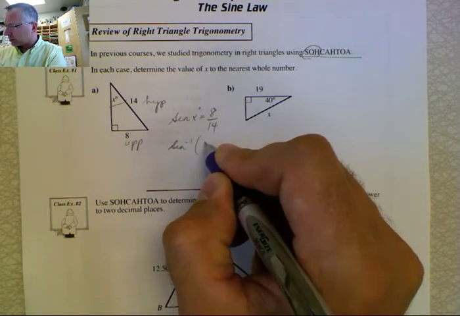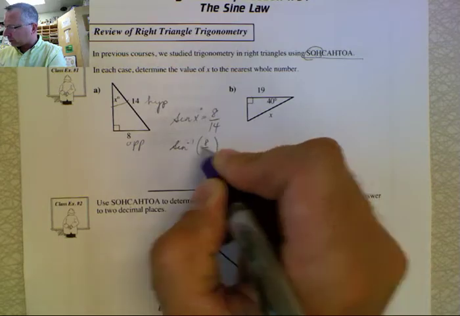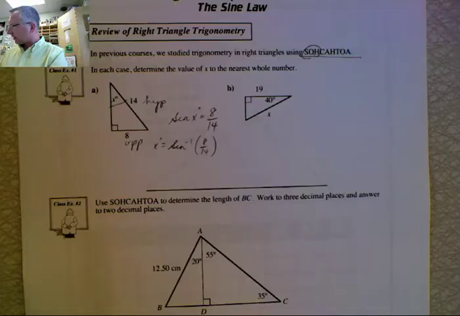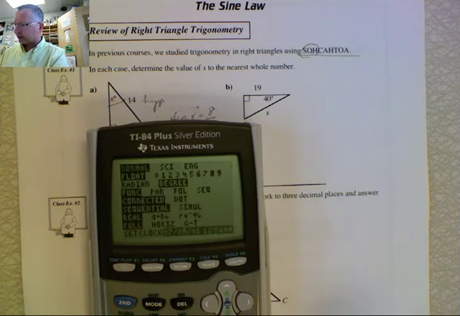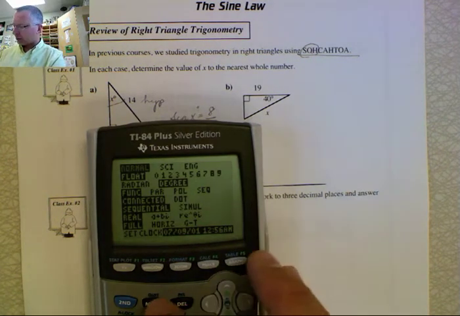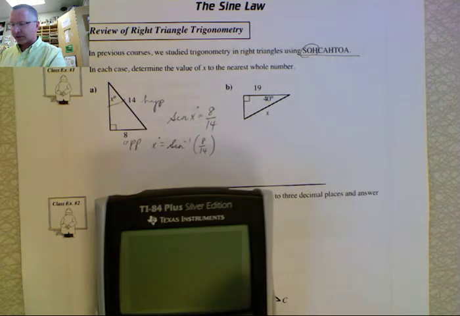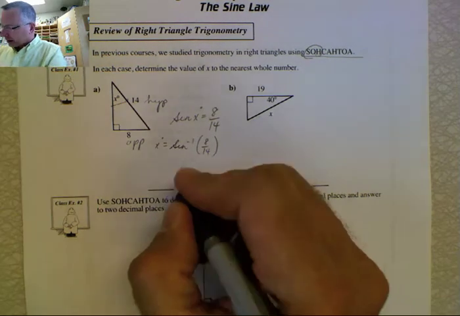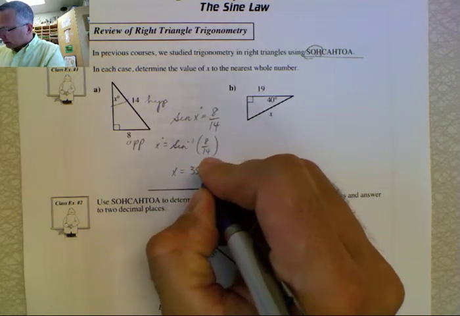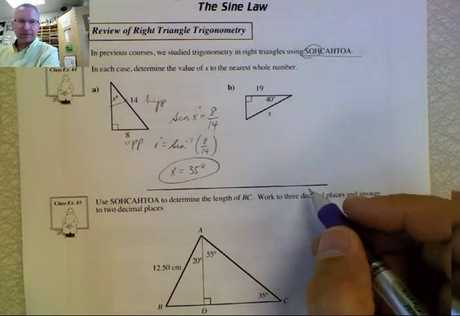So we take inverse sine of 8 over 14 to get our angle in degrees. Make sure your calculator's in degrees, please. You have no hope of finding the angle in degrees unless your calculator's in degrees. So we go inverse sine of 8 over 14, and to the nearest whole degree, this angle x is 35 degrees. So that's pretty straightforward.